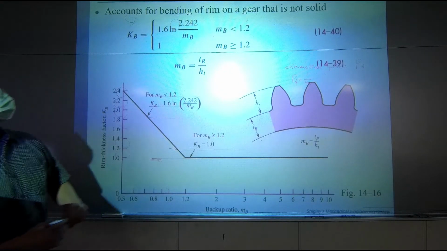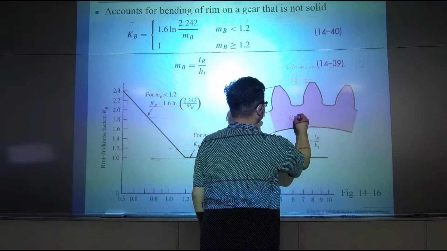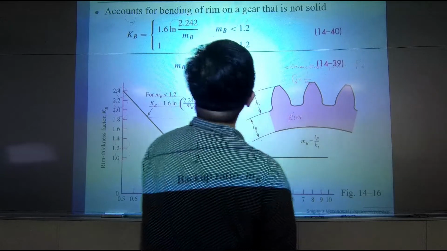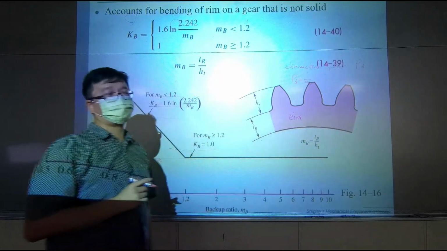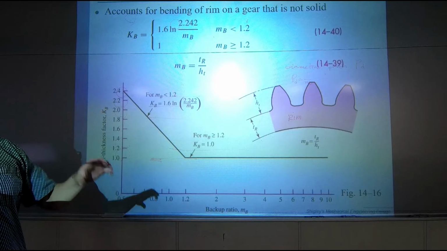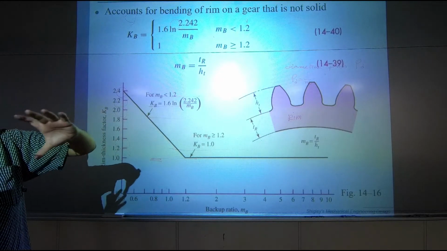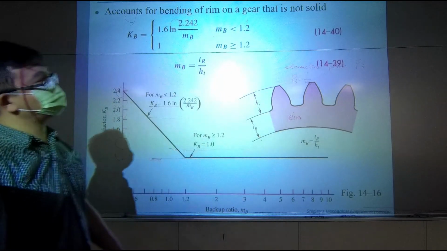This is like the rim, R-I-M, rim. This shape is called rim, and the thickness of the rim, okay? So if you have a gear that has a huge hole at the center, then the thickness matters.